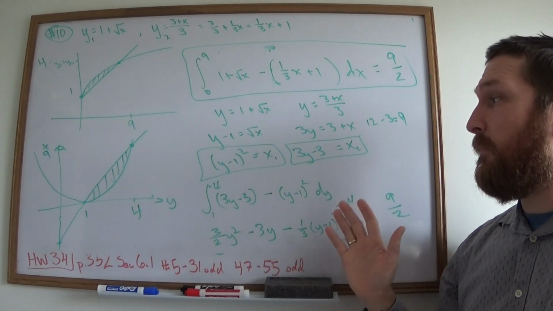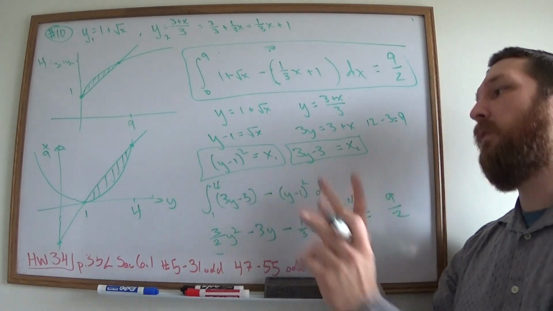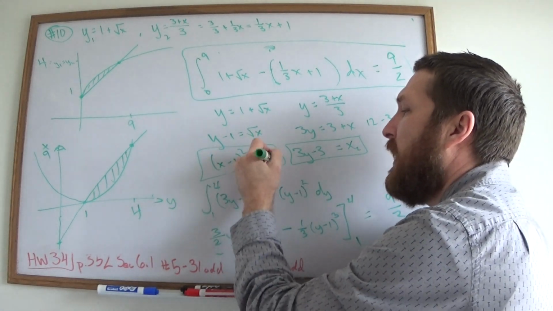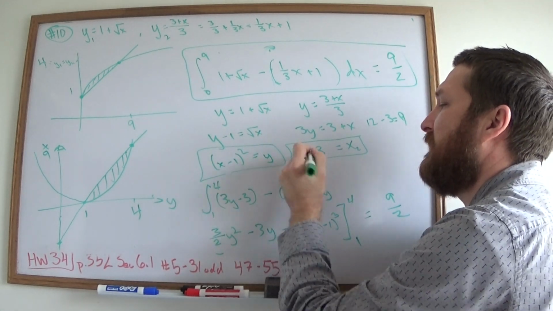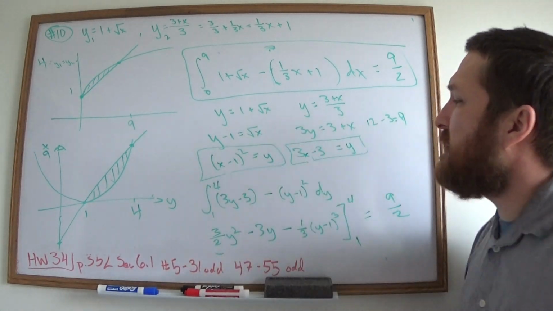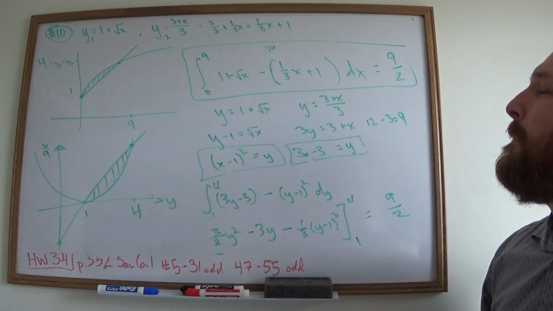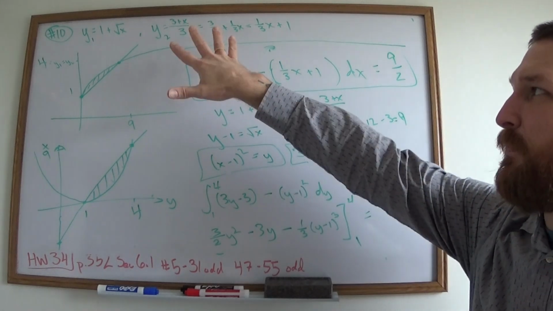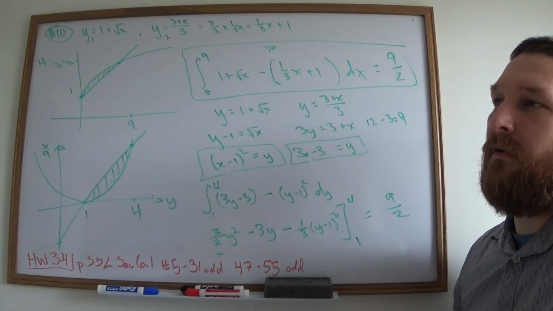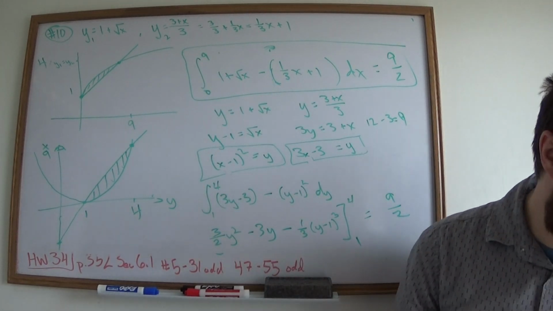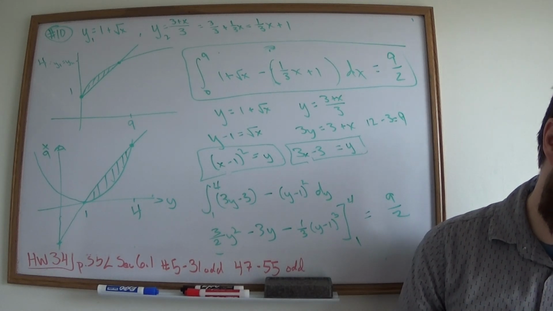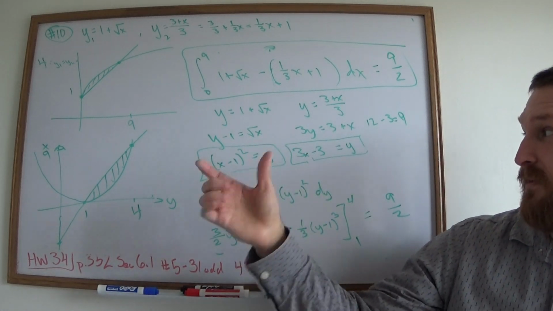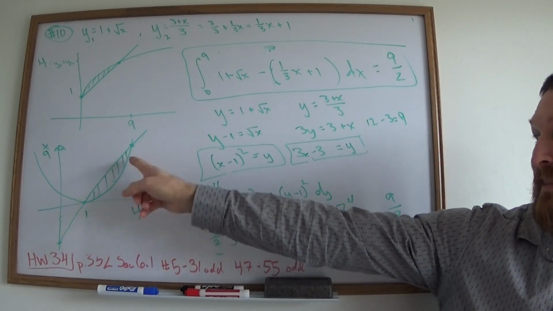Had you been given this problem, only they would have given it to you in terms of x and y, you could say, you know what? It might be easier. But honestly, both of these ways for this problem doesn't really matter. There are some, though, that you'll see, you'll look at it and go, oh, it's going to be much easier if I just take the inverse of each one and interpret it like this.